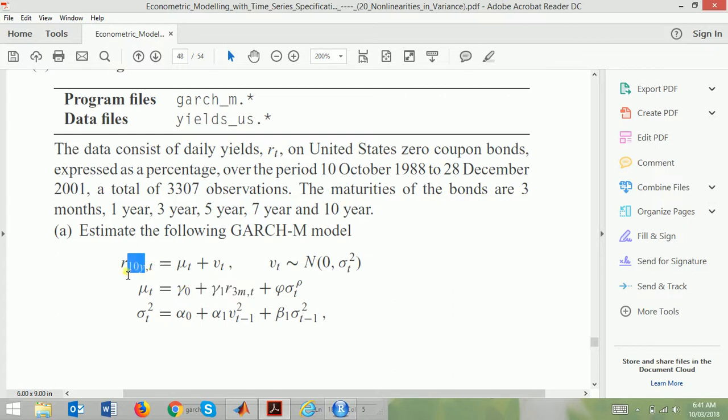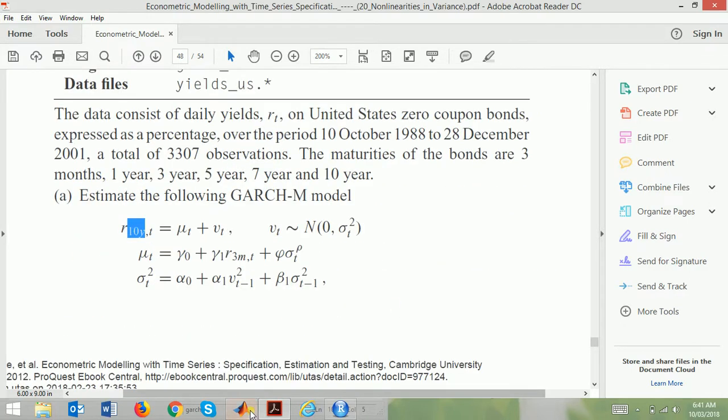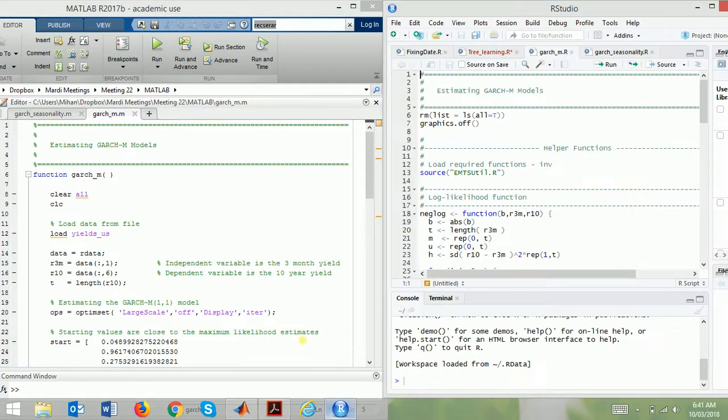So first I'm working on 10-year. The bonds are 3 month, 1 year, 3 or 5 year, 7 year. I can change it for 1 year, 3 or 5 year and 7 year, and see what happens. Okay, fine, why not? Let's see how this looks.